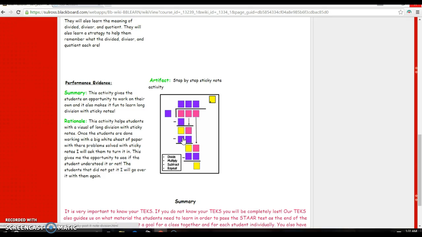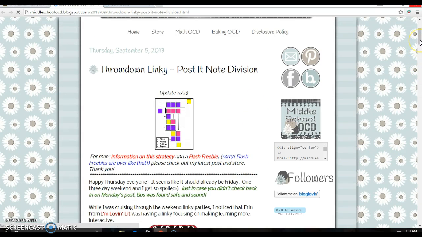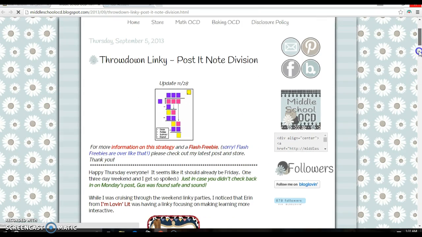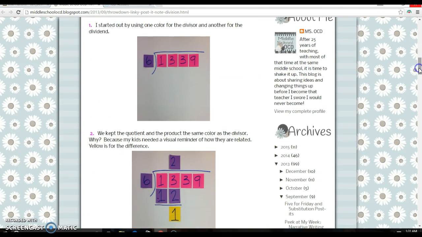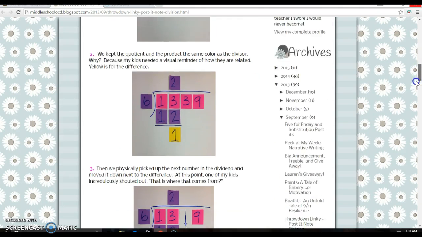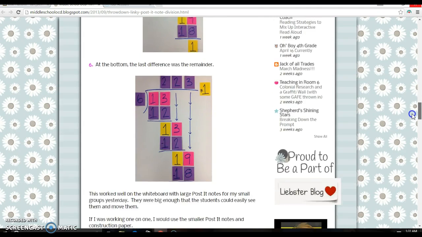Okay, so moving on to my performance evidence. This is going to be my artifact, step-by-step sticky notes activity. So this website just basically helps you understand how to use the sticky note for standard algorithm division. It goes step by step and it shows you what to do with each sticky note.